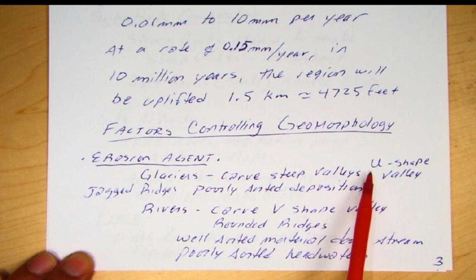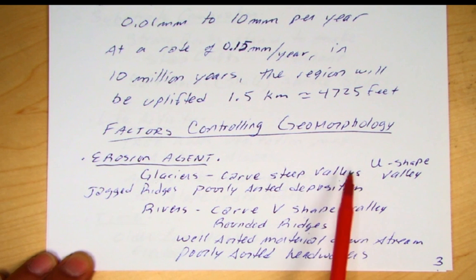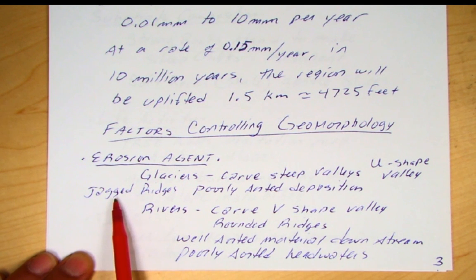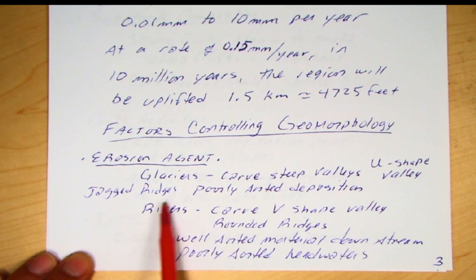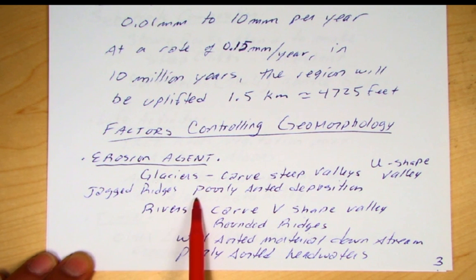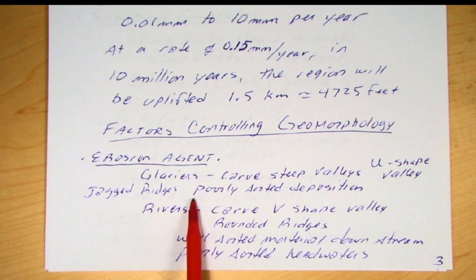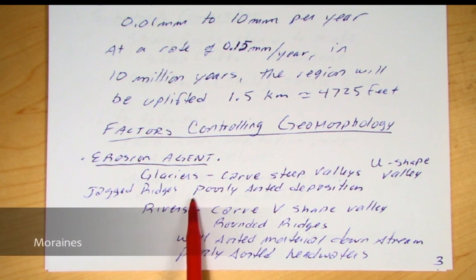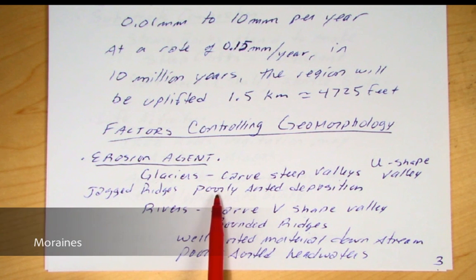So glacial carved, glacial steepening. Usually the ridges, if you've ever seen pictures of the Grand Tetons, these jagged ridges, those are glacially sculpted ridges, right? And also the sediment that's being transported, the load being transported by the glacier, well, it's moving big stuff and small stuff, and it's just dumping it at the end in these features called moraines.